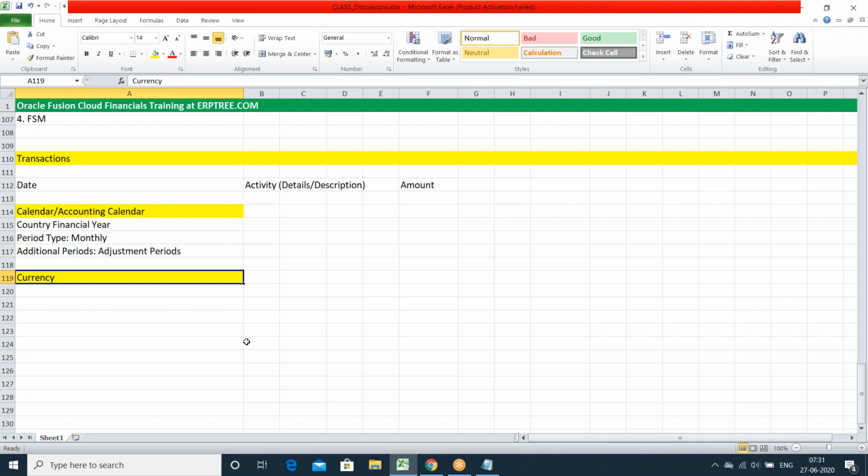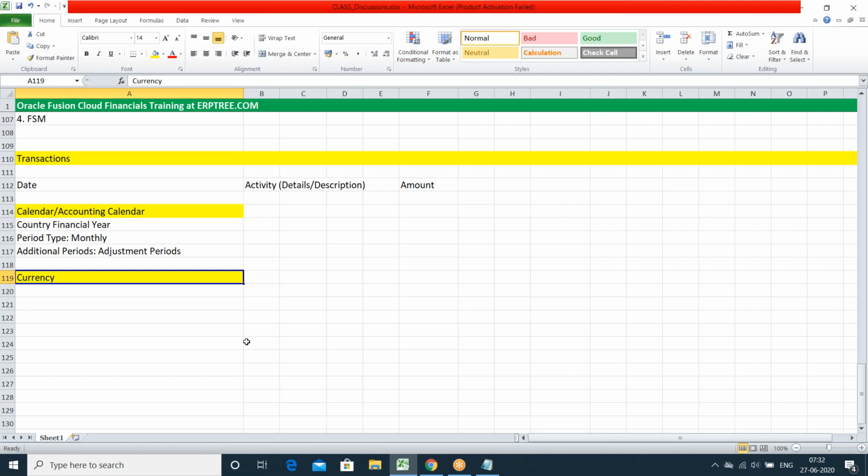What Oracle is doing is providing all the currency codes in the application. For almost all the countries where Oracle offers this product, Oracle provides all the currencies. That means we don't need to create any currencies in the system. Oracle provides all the currency values.